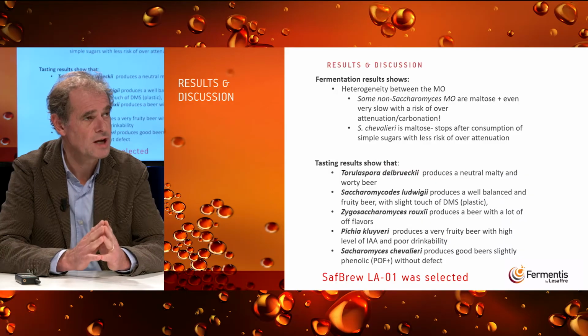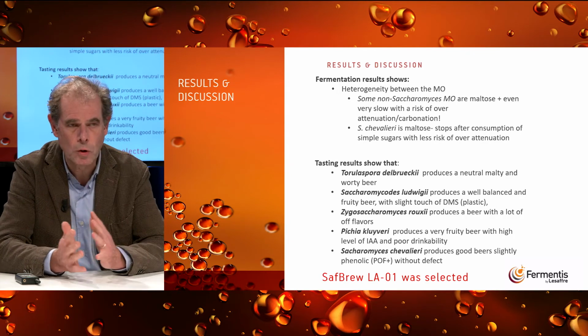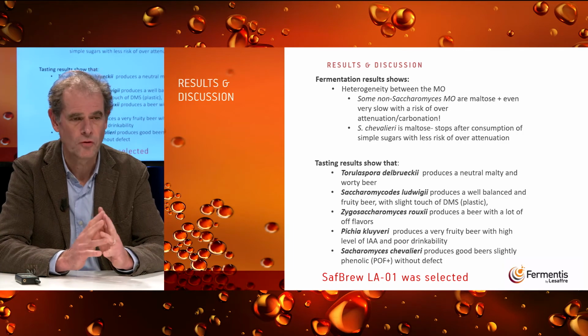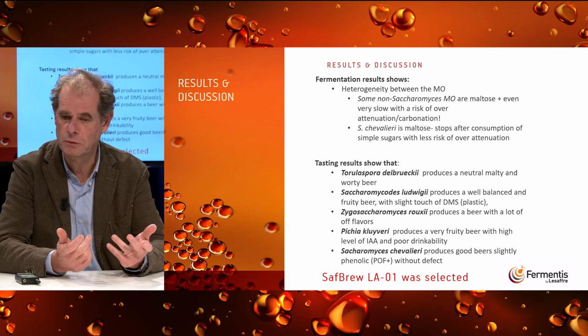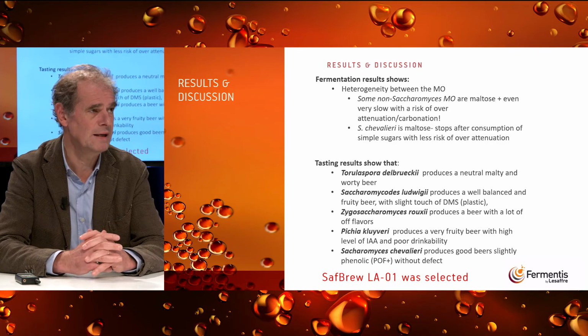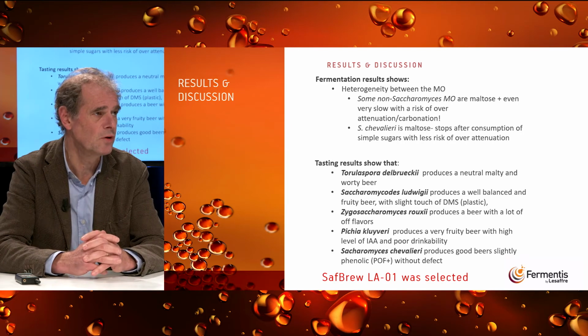So to come back to the tasting results, we have seen that the Torulaspora produced a more neutral, malty, worty beer. The Ludwigii was a little bit more artificial, with some notes of DMS, and some tasters detected some plastic, but a balance with fruitiness was also identified.